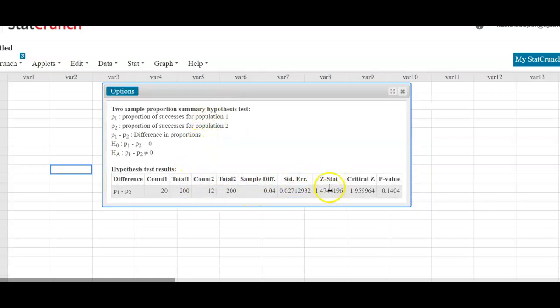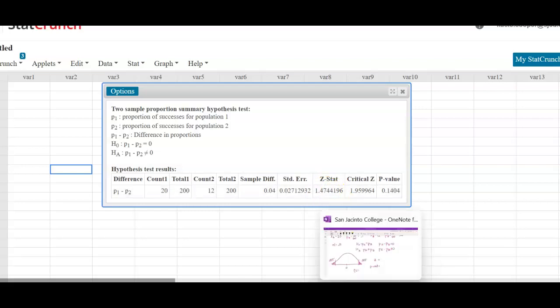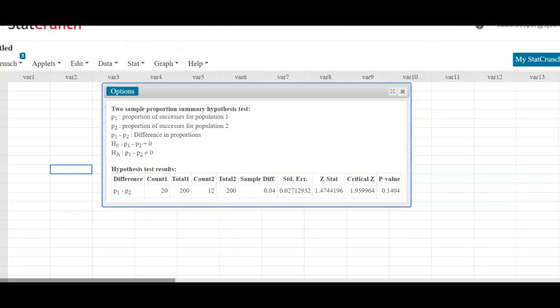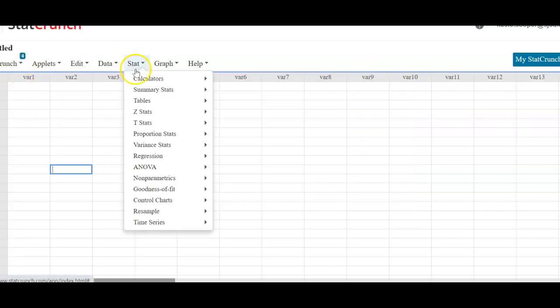The Z statistic is 1.47. So when we do the full equation here, we get 1.47 with a critical value needing to be... Oh, you know what I didn't do? I didn't change my alpha level.